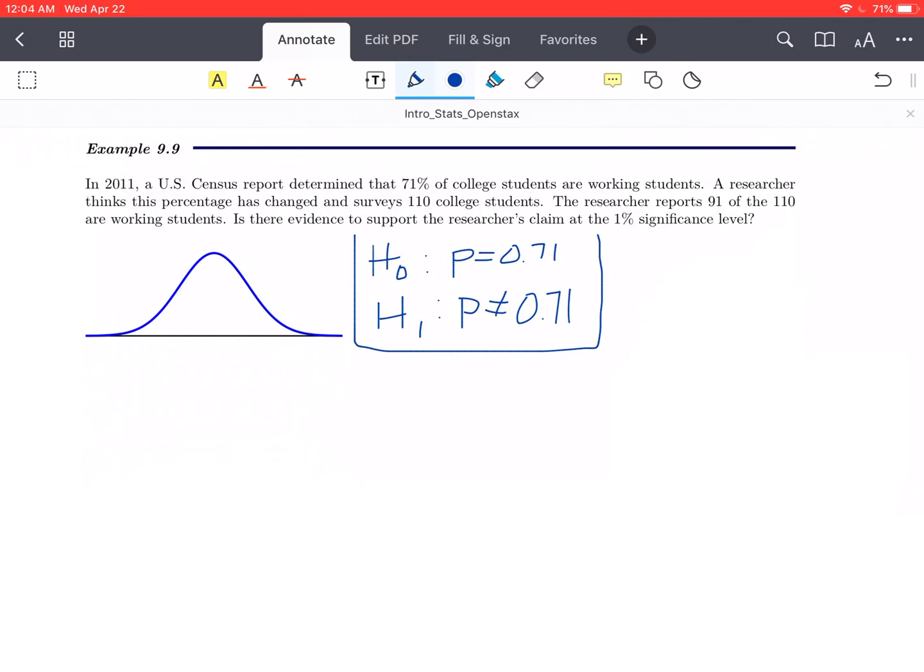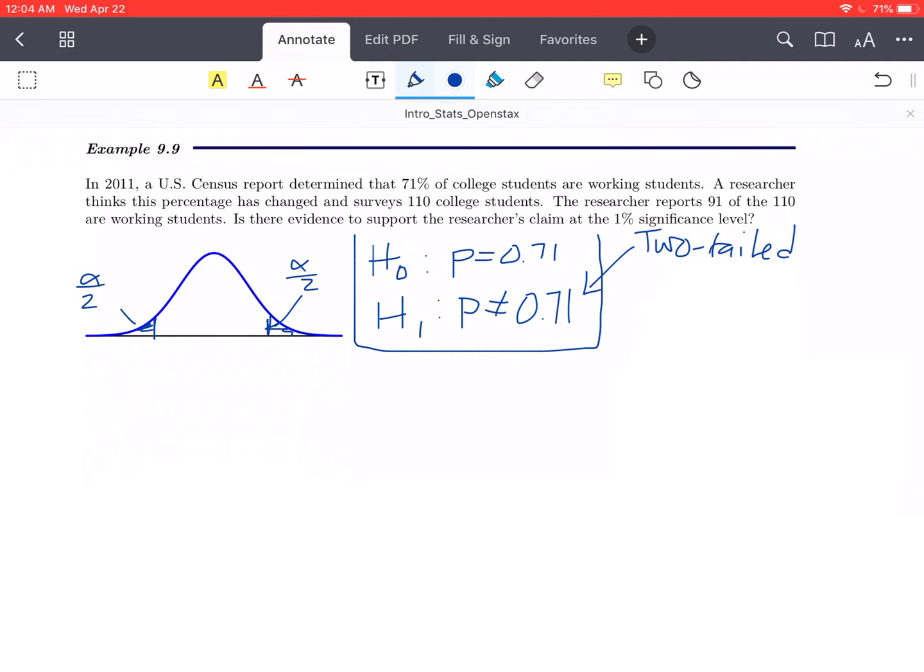Now, because we're doing a not equal to, this is going to be a two-tailed test. Which means instead of having just an alpha value, you're going to have alpha over 2 down here and alpha over 2 up here.